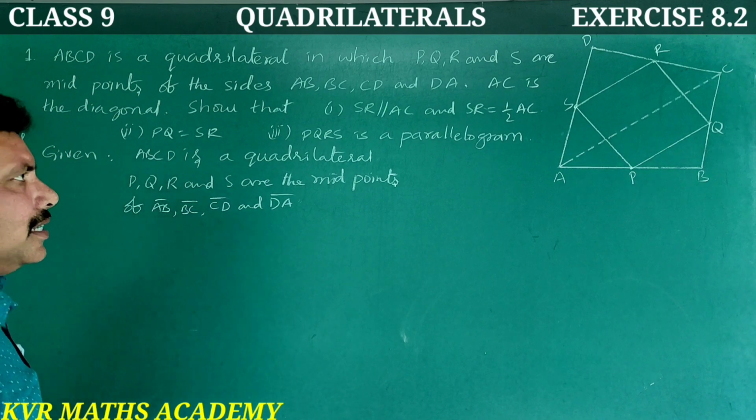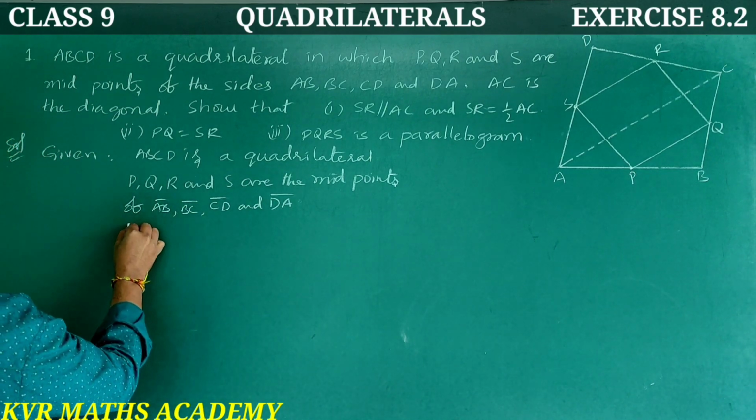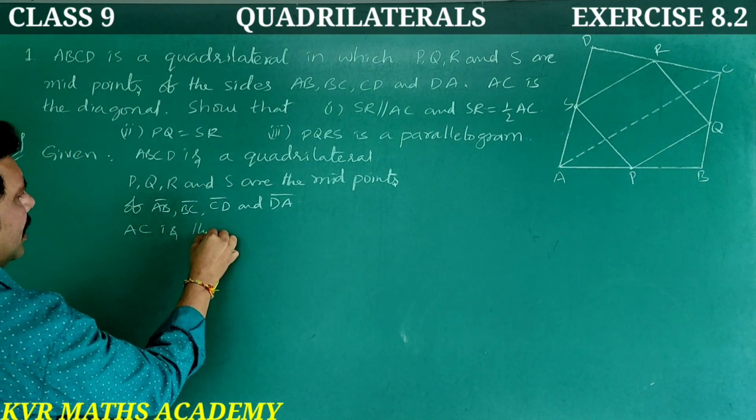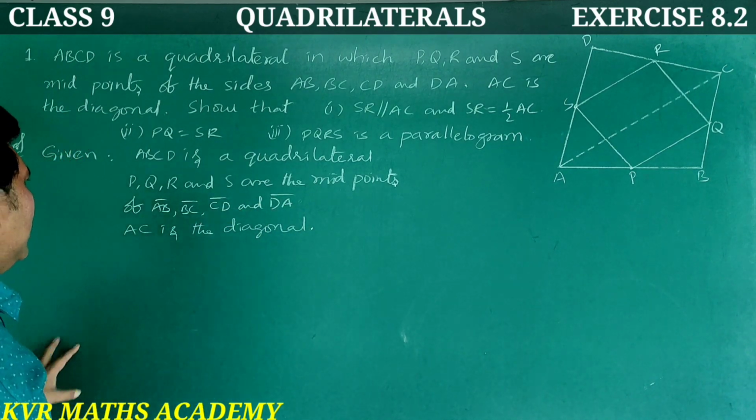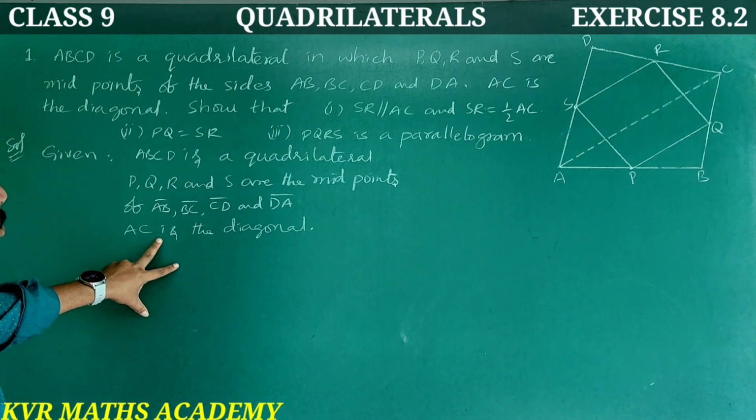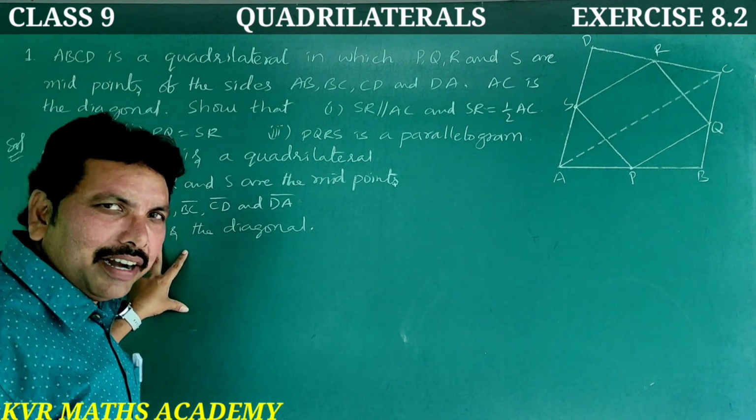Next, AC is the diagonal. Next, what we have to prove, which means RTP, required to prove.